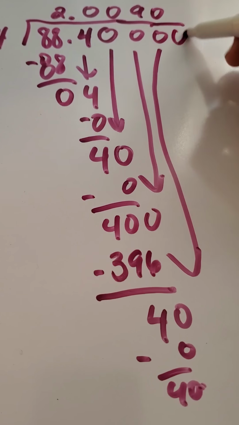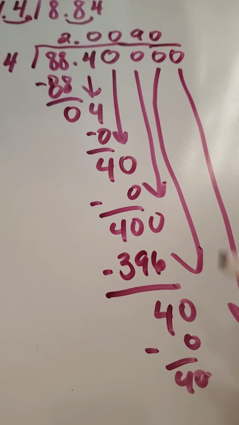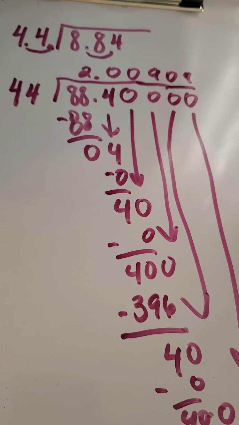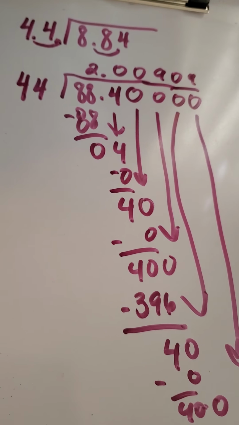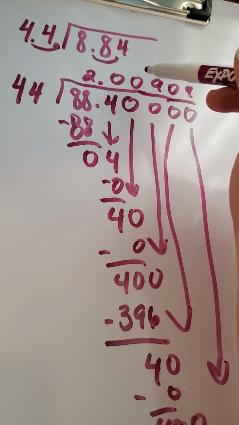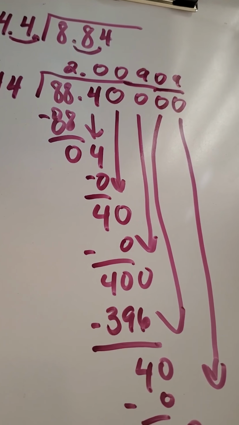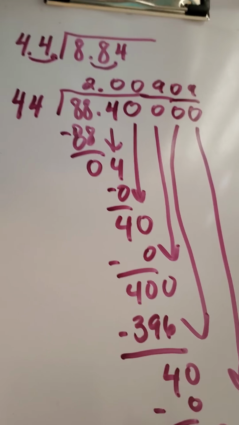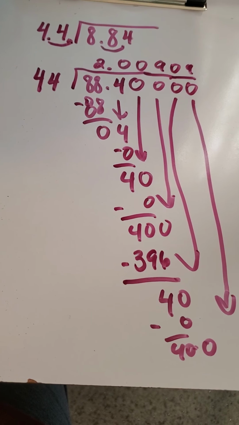Yep, sure enough, the pattern is building. I'm just going to keep going like that. So if you see a pattern start, you can stop and just end your problem. It would be 2.01 if you round. Or you could keep going, but you could be going on forever for some of these. So it's best just to stop.